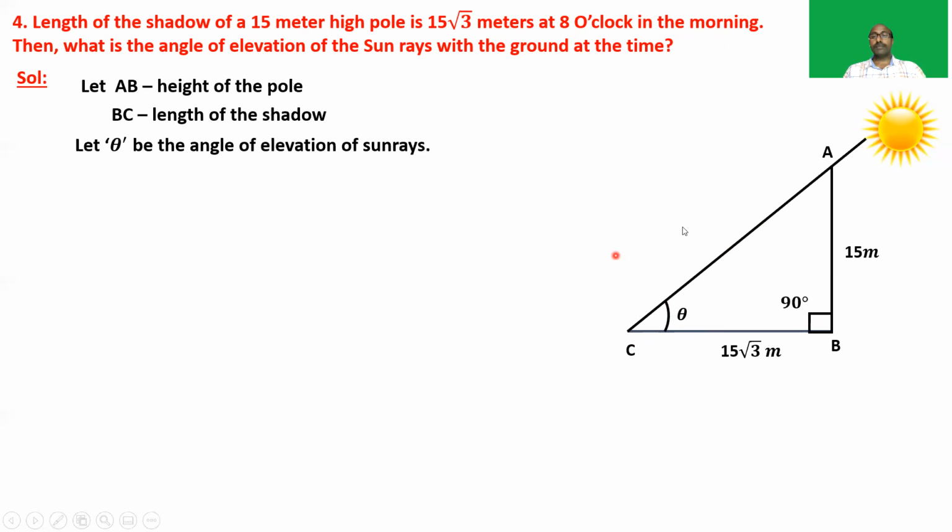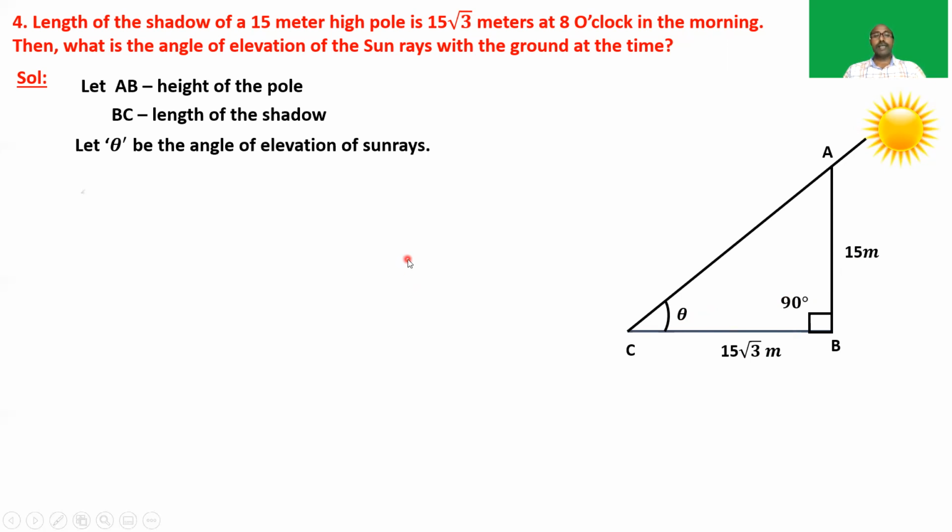Now from this picture, we have the opposite side and adjacent side with respect to the angle theta. And the trigonometric ratio relating these two sides is tan. Opposite by adjacent is tan.